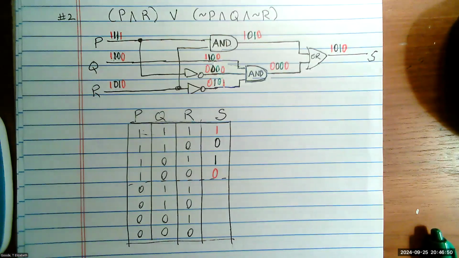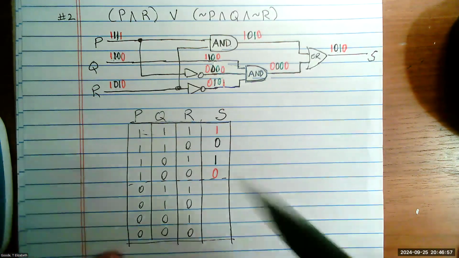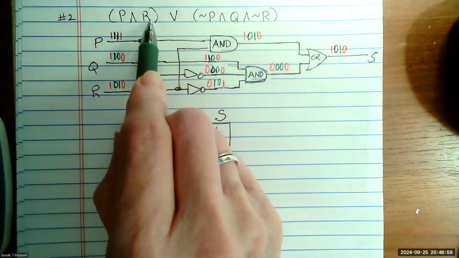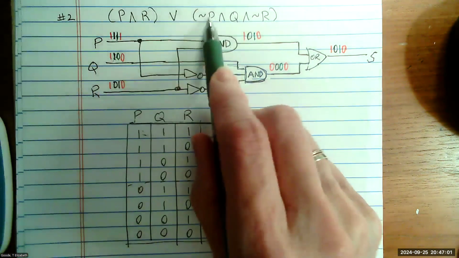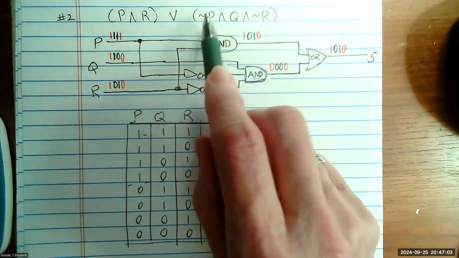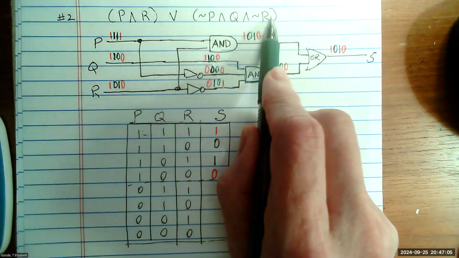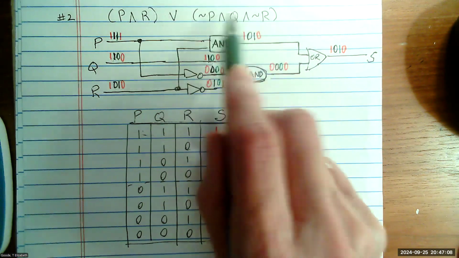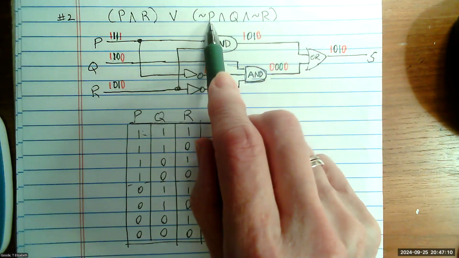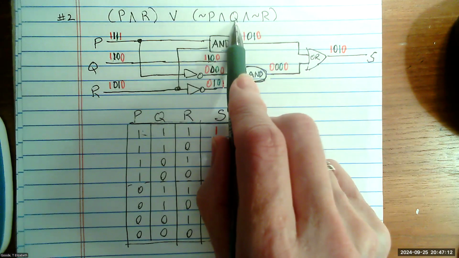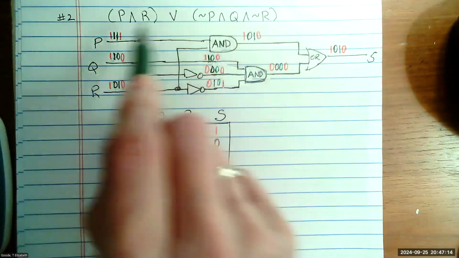Now that I've shown you this process, actually you could go directly to the IO table if you understand something about what P and R means. See, when we see here in this particular parentheses, not P and Q and not R, we know P is cold and Q is hot and R is cold.